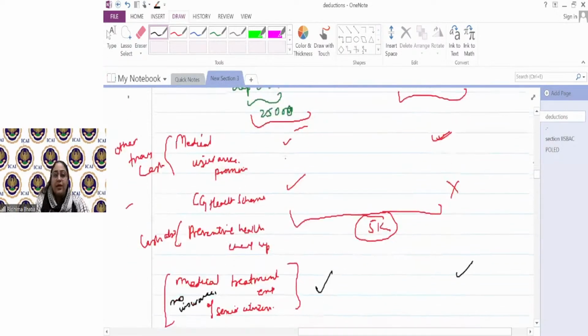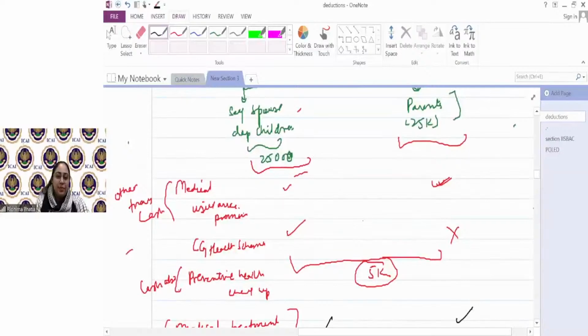But the moment, guys, remember, I told you 25,000 for self and 25,000 for parents. But the moment any person in this category or in this category is a senior citizen, then an additional 25,000 would be allowed.